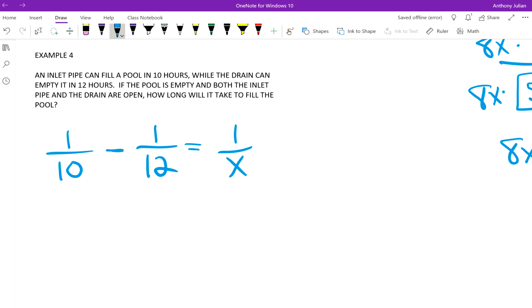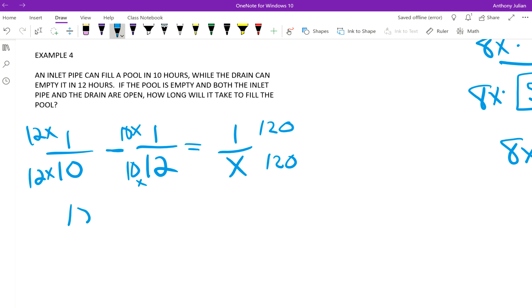So let's do it. Here I'm going to multiply everything by 12x, top and bottom. This second fraction I'm going to multiply top and bottom by 10x. And this x I'm going to multiply by 120, 12 times 10, top and bottom. Denominators are the same.